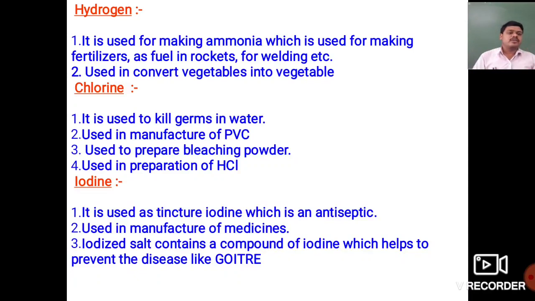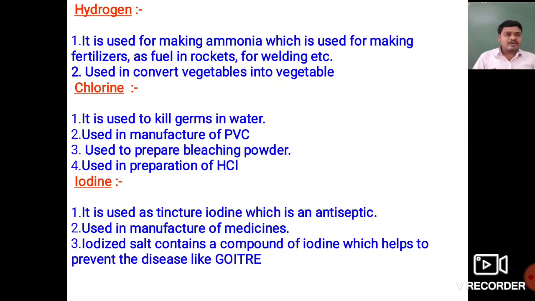This iodine solution will also be used in laboratories to find out the fats and sugars present in food. And then this iodine will be used in the manufacturing of medicines. Iodine is also a very important compound used in the manufacturing of medicines.